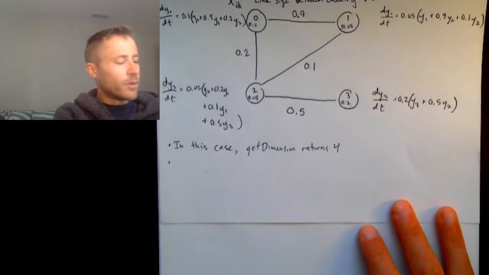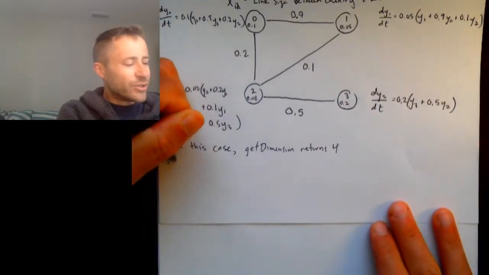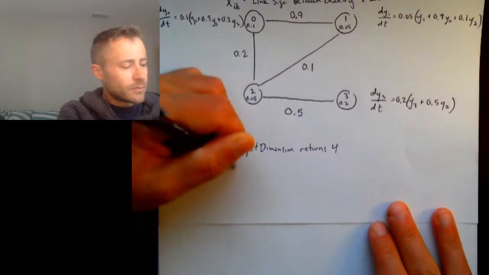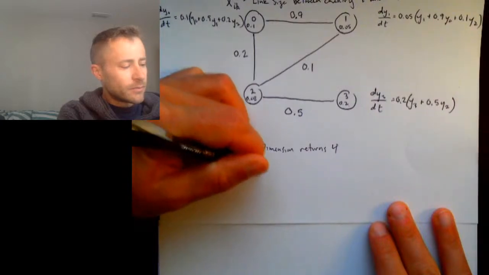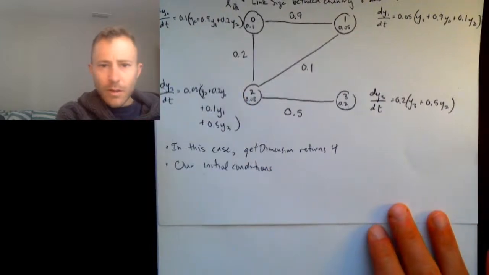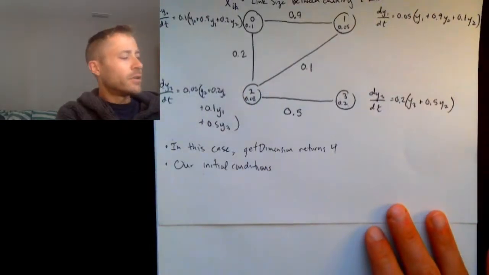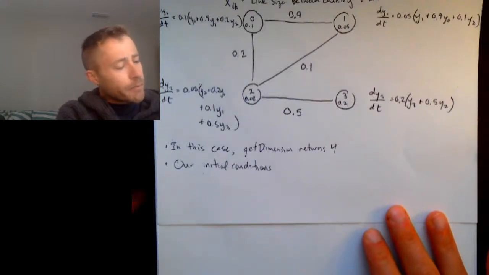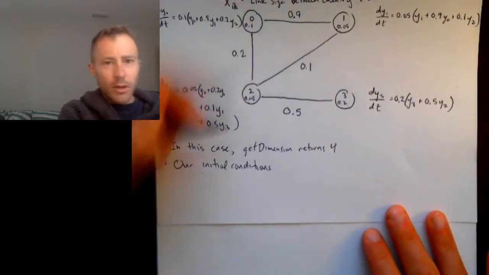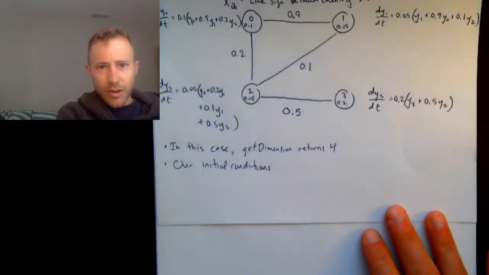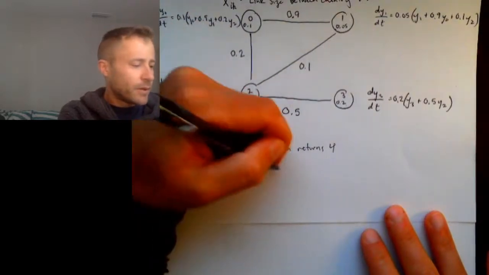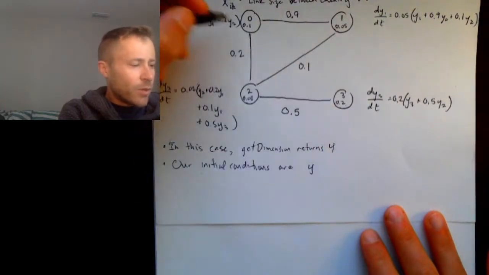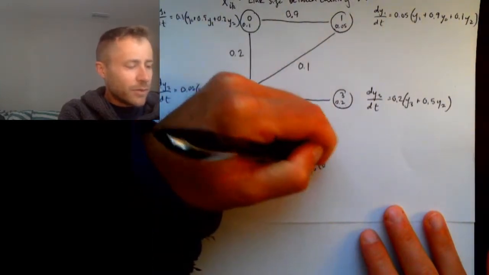And then furthermore, our initial conditions, well, there's going to be 4 initial conditions, one for each country. So you have y0 at time 0.